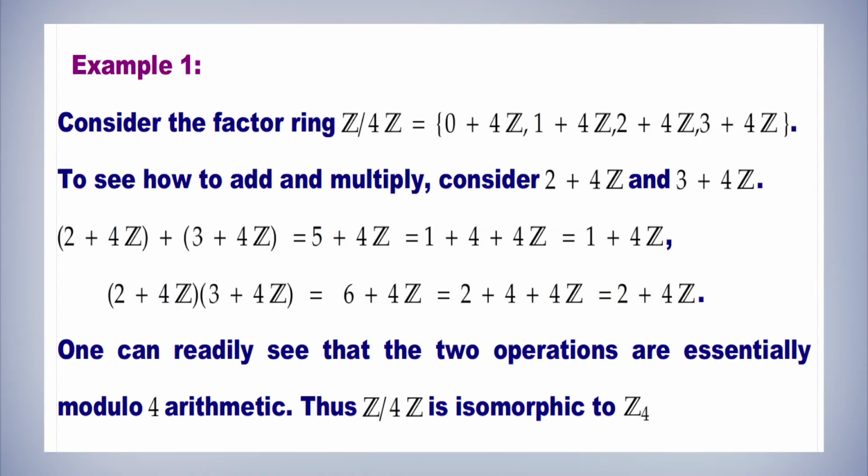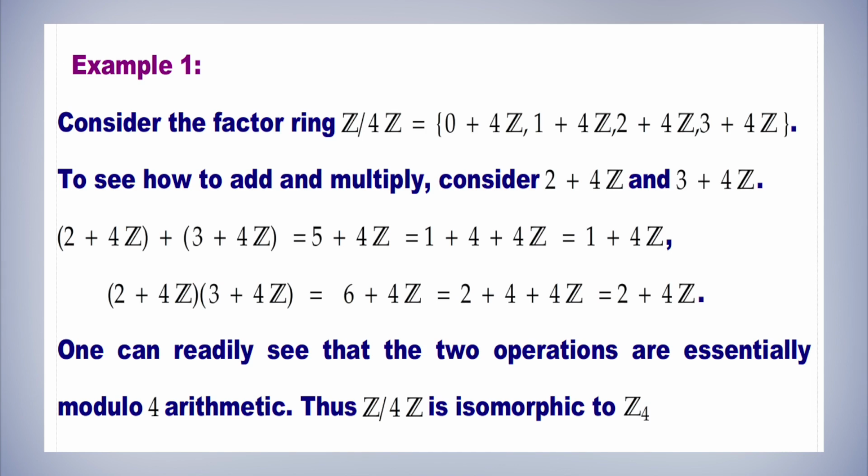Let's look at a few factor rings. The first example is, consider the factor ring Z/4Z = {0 + 4Z, 1 + 4Z, 2 + 4Z, 3 + 4Z}.